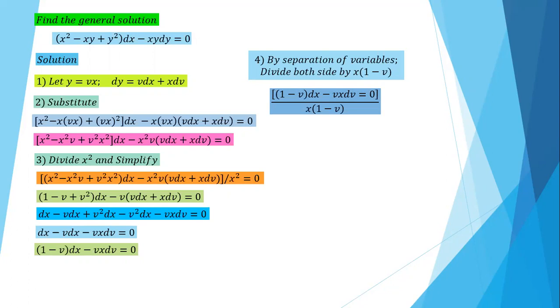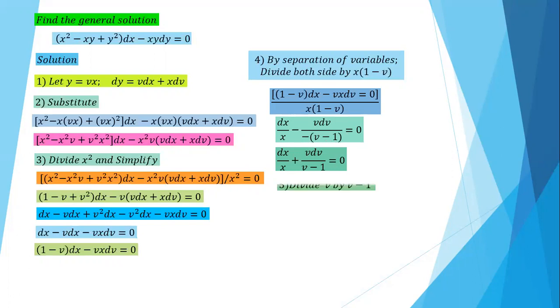So here, 1 minus v will be cancelled and x will be cancelled. What is left is dx over x minus v dv over 1 minus v. We factor out the negative sign, so we have v minus 1. Or we have now dx over x plus v dv over v minus 1 equals 0.